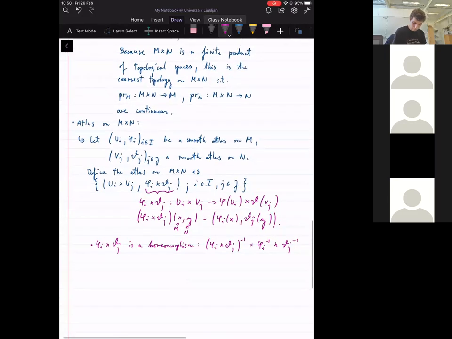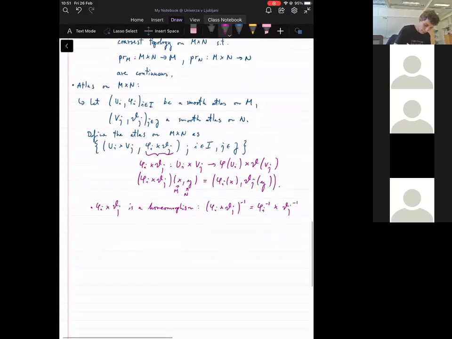And of course, since phi_i and theta_j are homeomorphisms, this map is a homeomorphism with respect to the product topology on M times N.